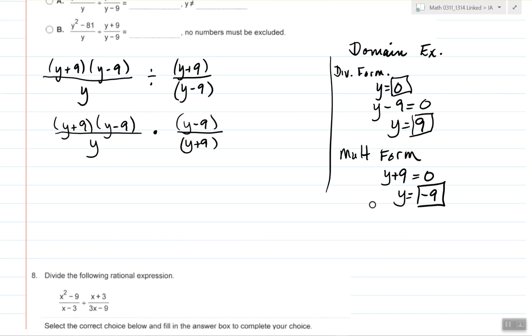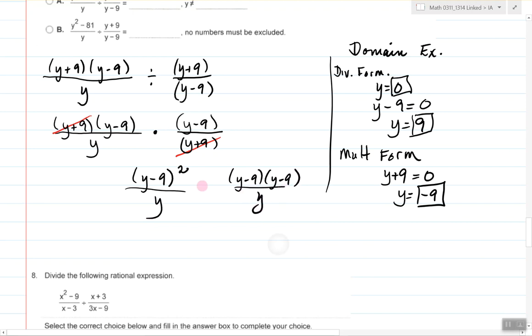All right, let's see what we have that's like factor. We have a y plus 9 and a y plus 9, and I think that might be all we have. So it looks like my numerator will be y minus 9 squared over y. You could write it as y minus 9 times y minus 9 over y.